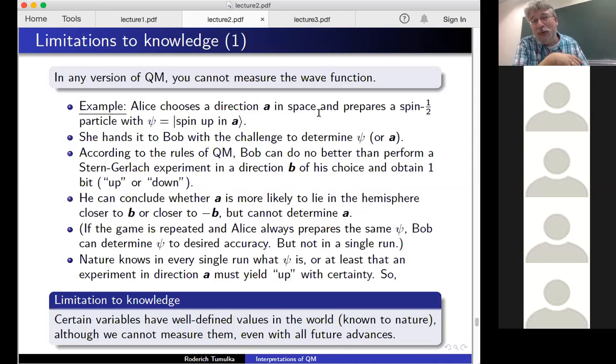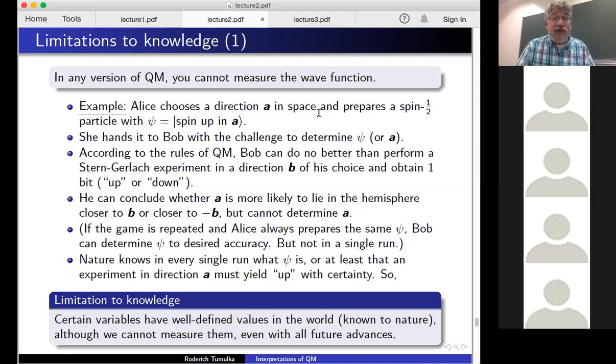But that's, of course, very far from determining what A is. Now, if the game is repeated and Alice always prepares the same psi, then Bob can do better. Then Bob can determine psi to any desired accuracy, but not in a single run. And we're playing this game only once. Or we could say in every one, Alice makes a new choice.